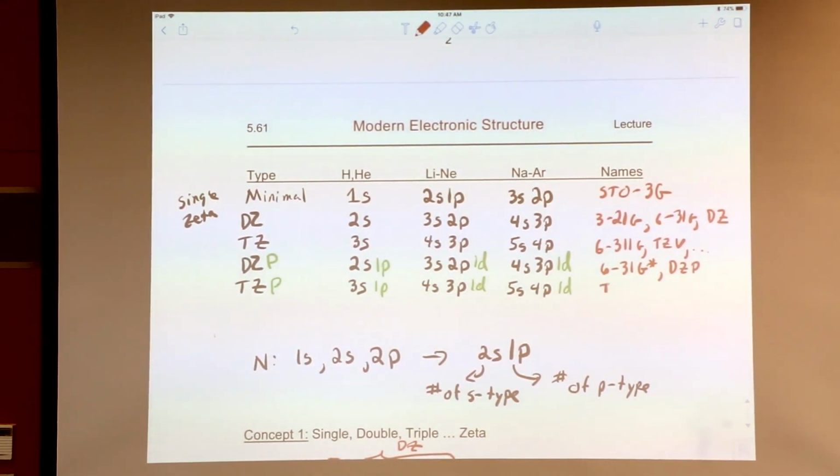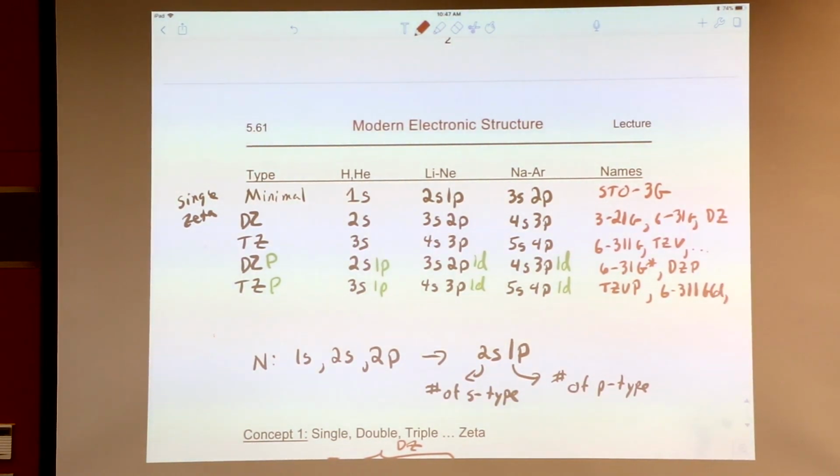Or you could have, for the triple zeta, the TZVP basis, or the longest basis set name, 6-311G parenthesis D comma P. So this is where the annoyance starts to come in. You're like, this is annoying, but it's less annoying than the alternative, so we deal with it.